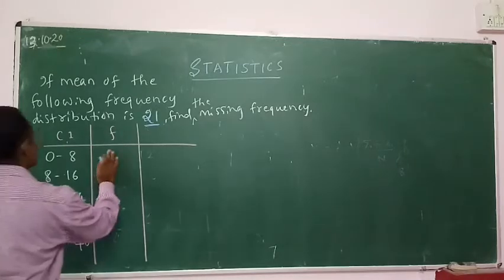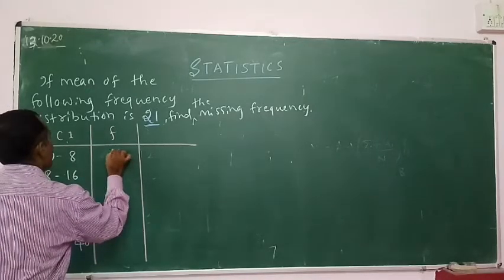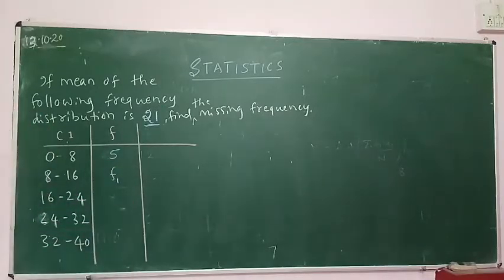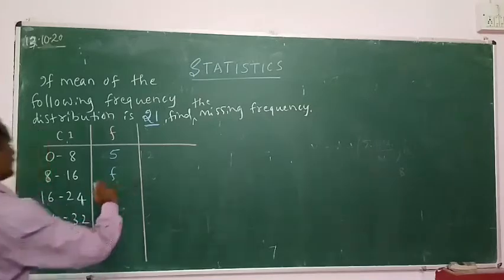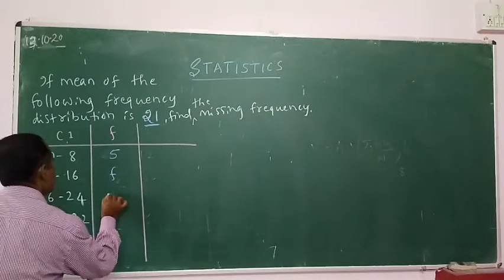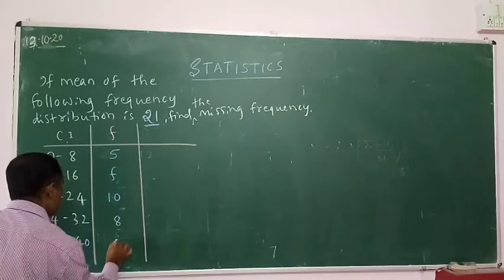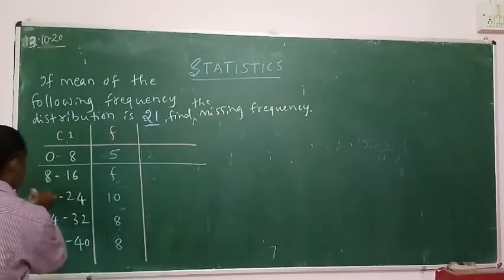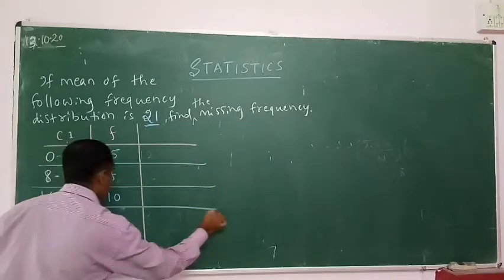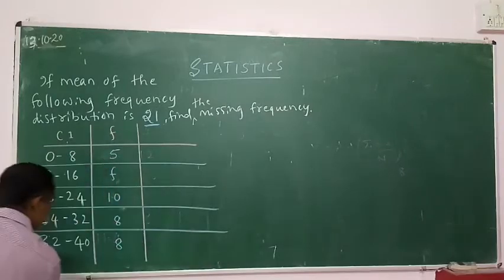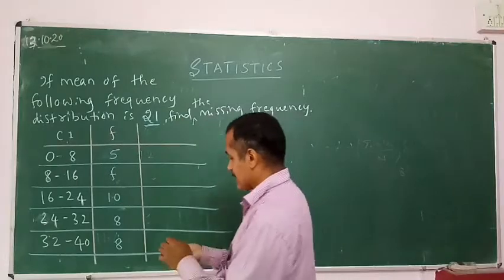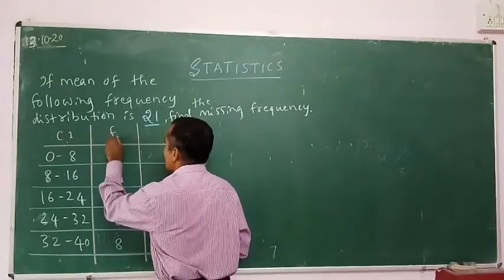Under the frequency we will see it is 5, say f1, or simply I can say f, then it is 10, 8 and 8. Okay students, these are the two columns given to you. The first one is the class interval and the second one is frequency fi.